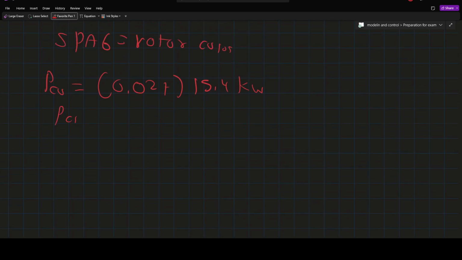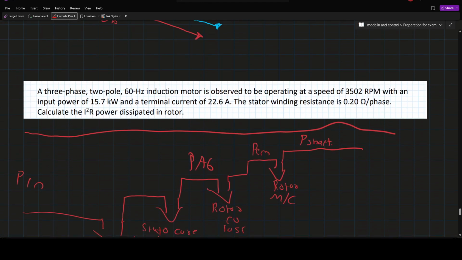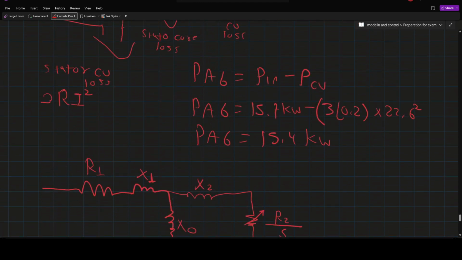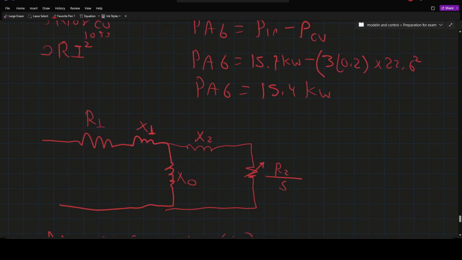And we get a copper loss of 419 watts. So this is a way of calculating the losses in the rotor. And here we were not given mechanical losses, I think. Yes, just for the stator. Okay.